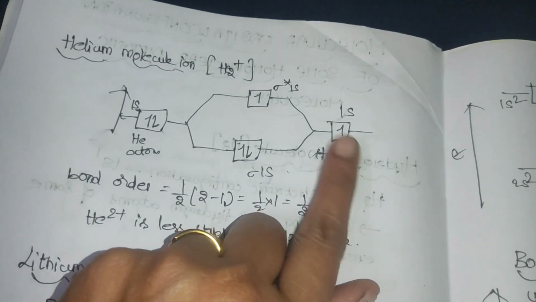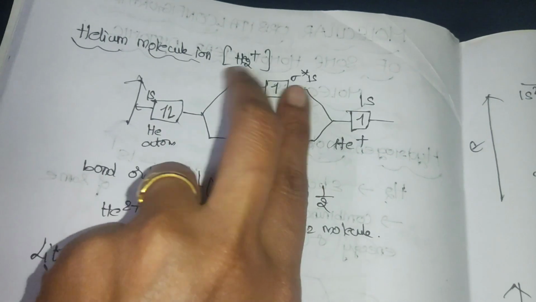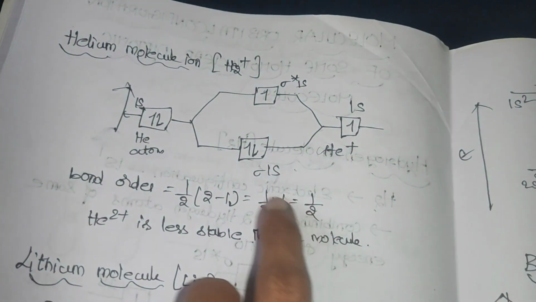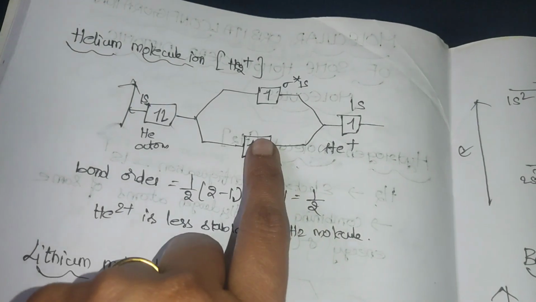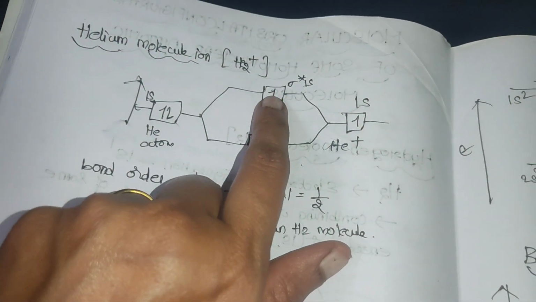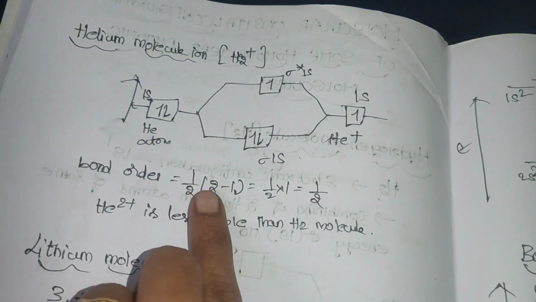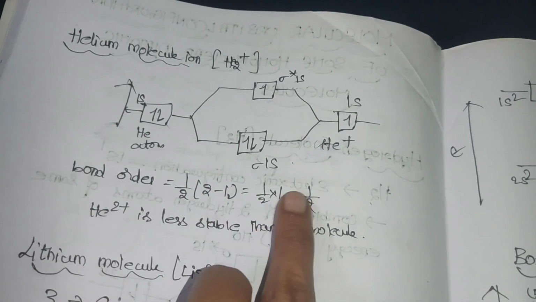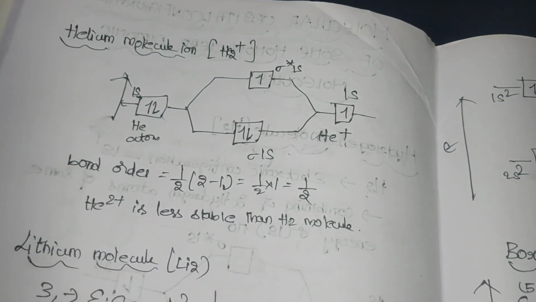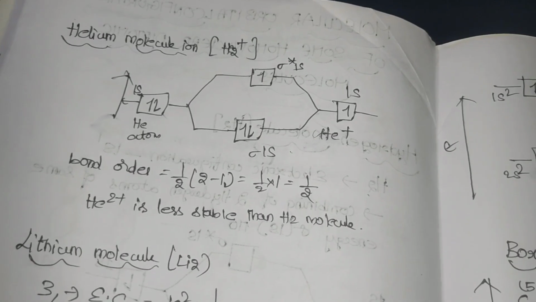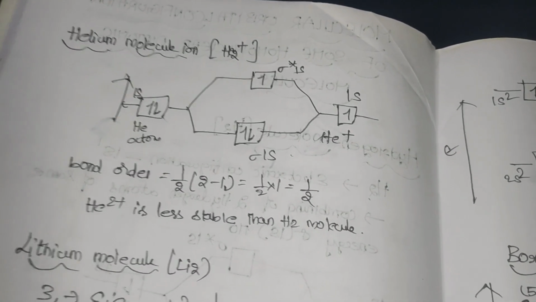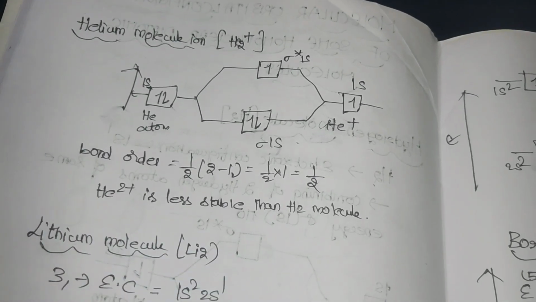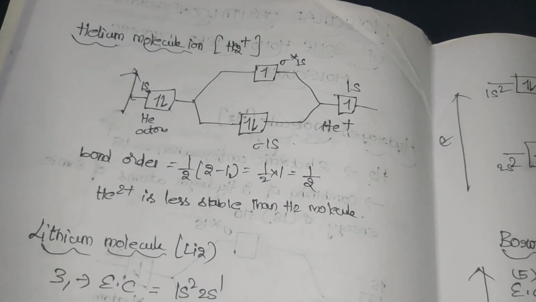So these combine to form bonding and anti-bonding molecular orbitals, with 2 electrons in bonding and 1 in anti-bonding. Bond order is half into 2 minus 1, which is half into 1, so we get half. A half bond will not really form, and if it forms, it is very less stable. So He2 plus is less stable than the hydrogen molecule.